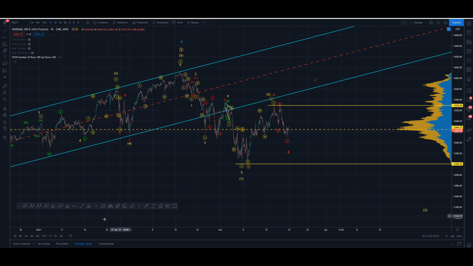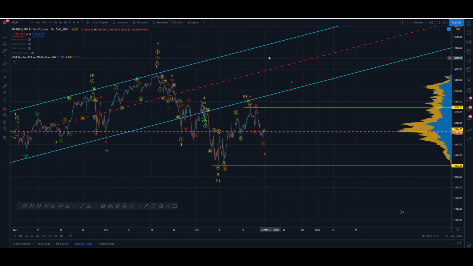So if you're a bull, this is how you have to be thinking. You have to see this whole move as an A, B, C. Okay, in which case this is not the 5th of the 5th of the 5th, this is a 3 here, intermediate time frame, into a 4, and we have to move that 4 across to here, and then we have to rejig the count, where we either move a 3 up to here, and we simply have a zigzag A, B, C into the 4, or we have some kind of expanding flat pattern where we've gone A, B to higher, C to lower, and then now we're in the 5th and final move up as well.